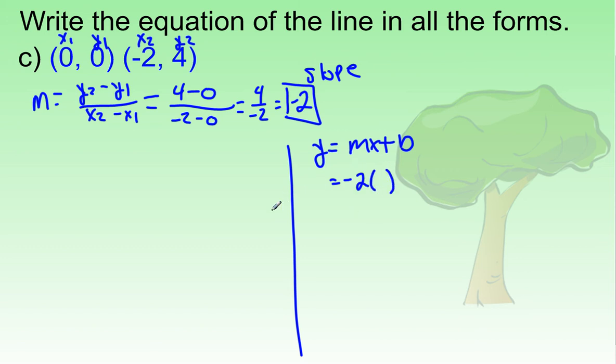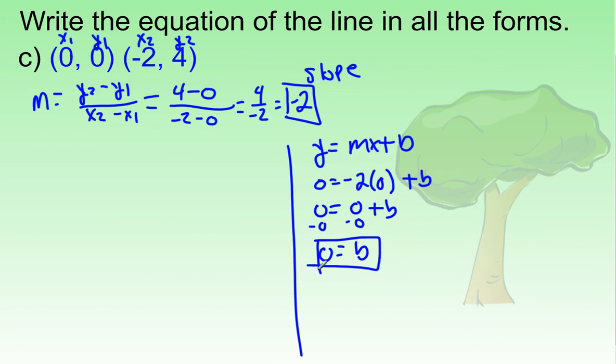Gee. Which of these points do you think will be easier to plug in? 0, 0 or negative 2, 4? If you said 0, 0, you are correct. Negative 2 times 0 is 0. 0 plus b, or if you subtract 0 to both sides, I don't know how you want to think about this in your brain, but essentially, if you subtract 0, cool, 0 minus 0 is still 0.